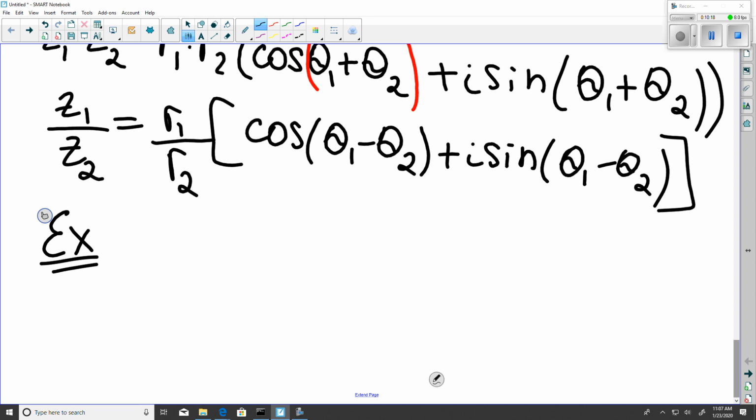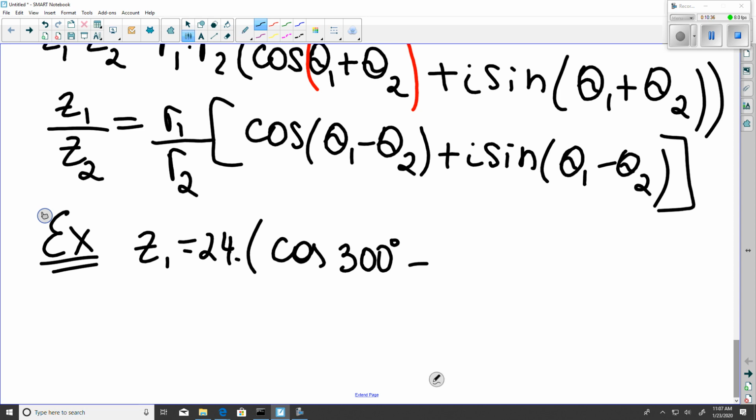Example, given Z1 in the form of 2 cosine. No, let me change it. Let me do 24. Apologize for that. Let's do this. 24 cosine 300 plus I sine 300.